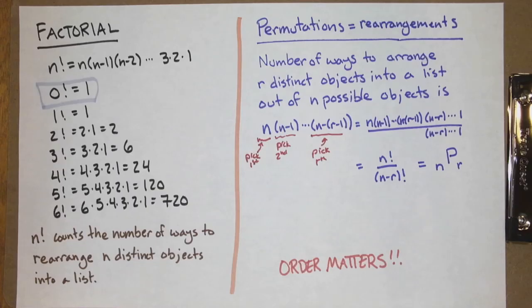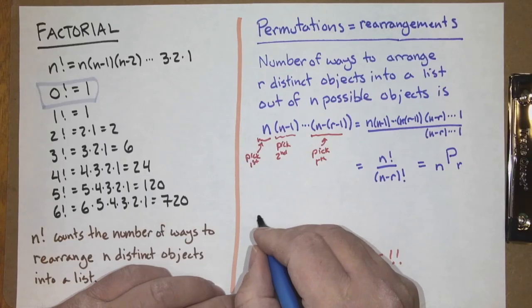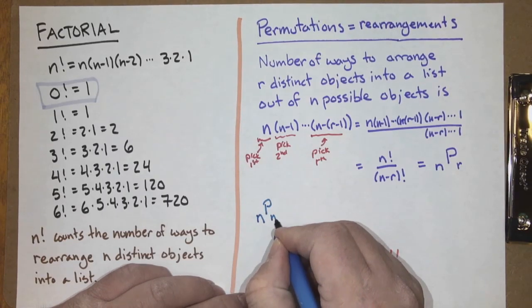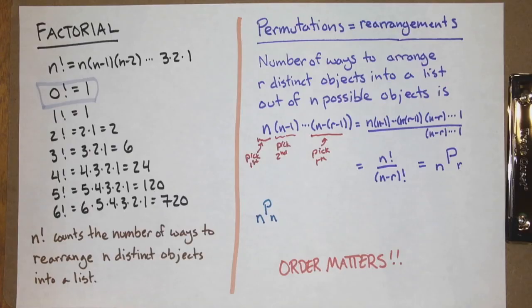All right. So the first subscript on the left is the total number of objects. The subscript on the right represents how many you're picking out. Let's see. Let's test ourselves. What can we say about nPn? What would that be? You have n objects. You pick n of them out in order.